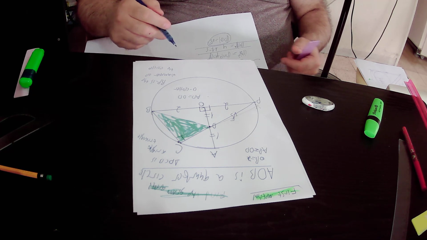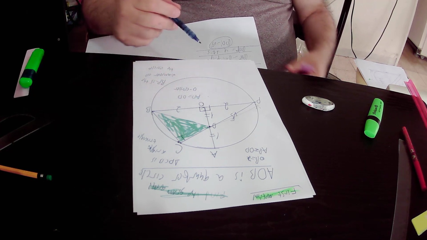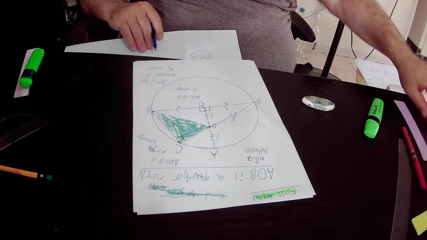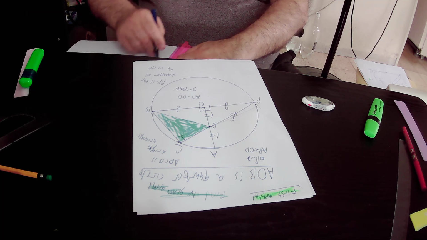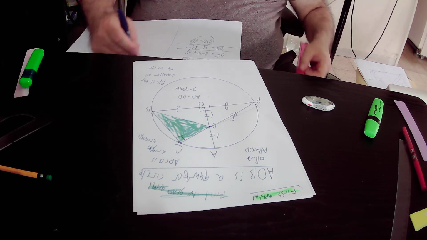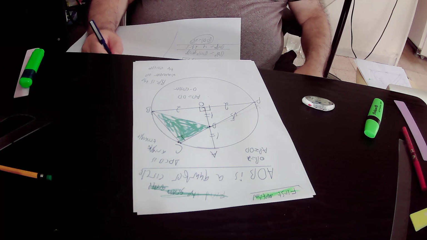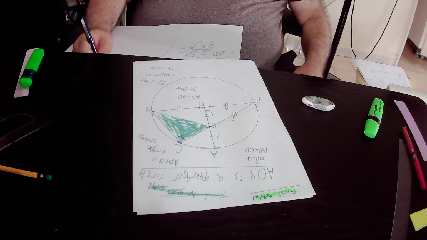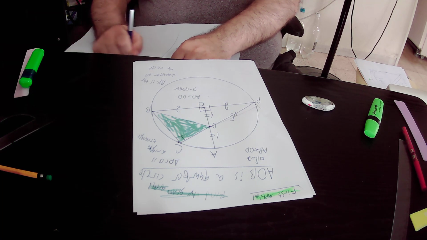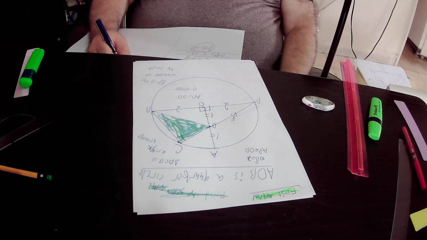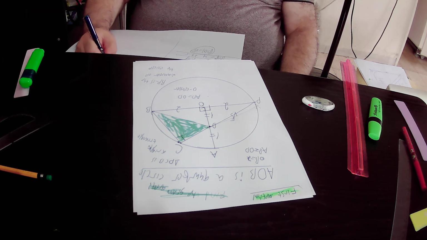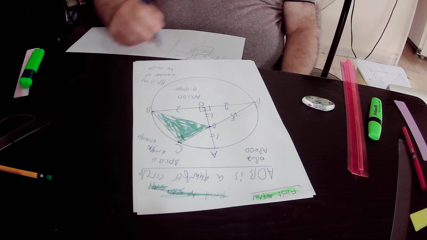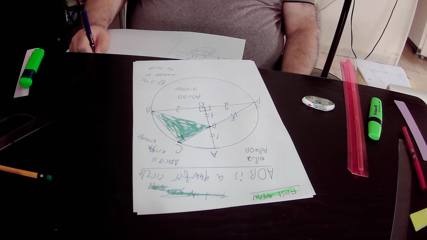We repeat the same process on the right triangle DOB. On the right triangle DOB, by PT, we get DB square equals DO square plus OB square.